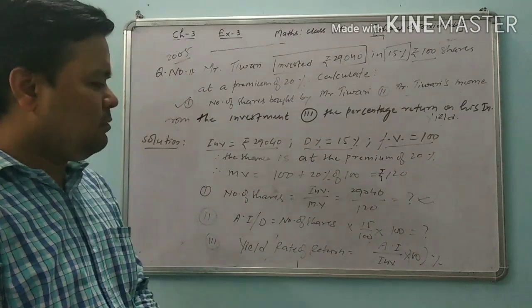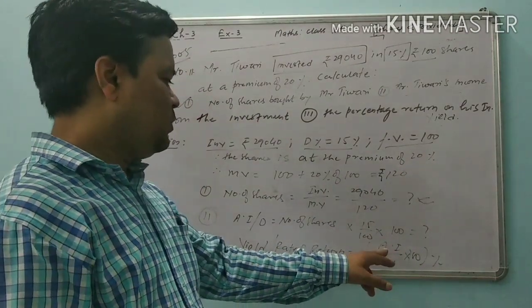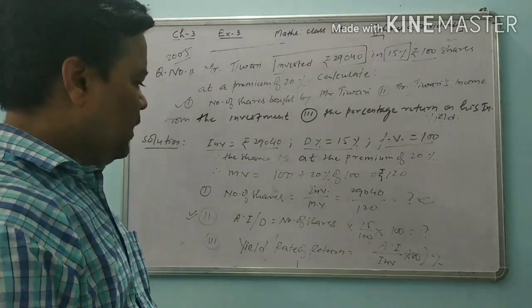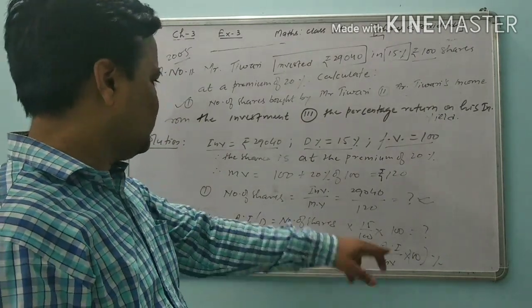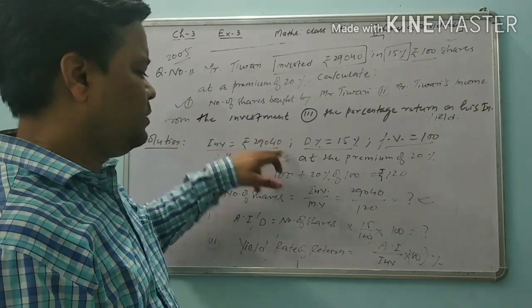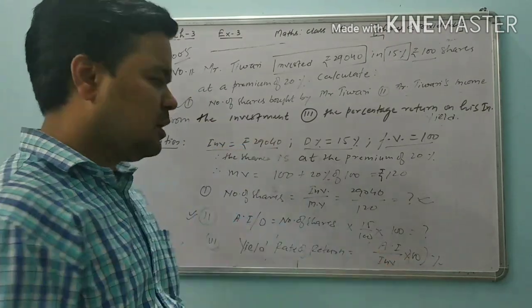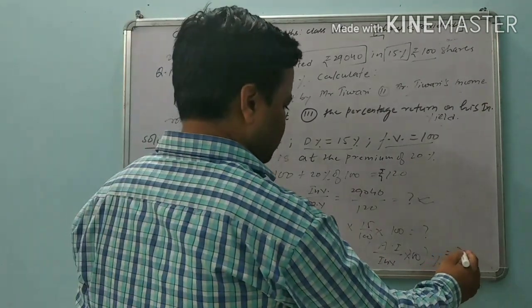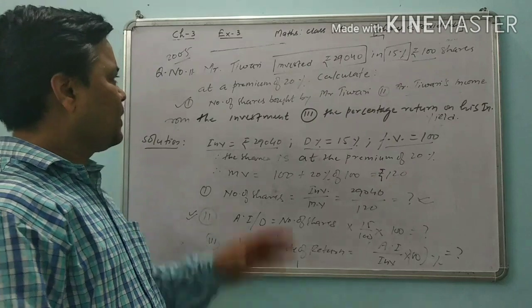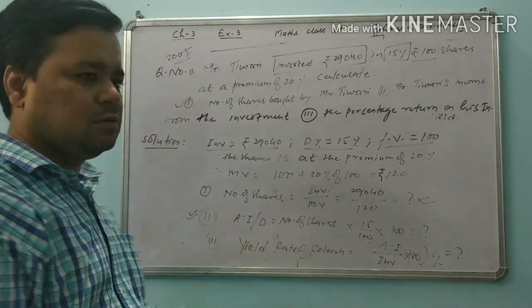Okay. Annual income we can get from the second part of the question. Investment 29,040 is also given. Calculate it and find the percentage return also. In this way you can also solve this question.